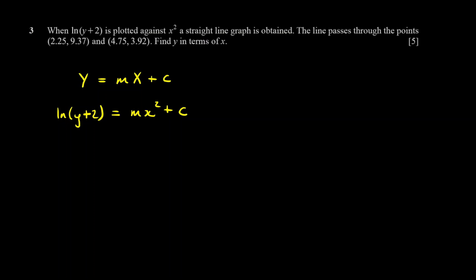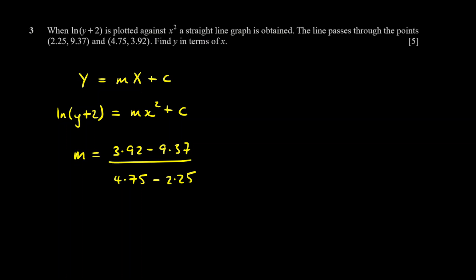Now then, the question is effectively, can we find these two constants? Can we find the gradient m? Can we find the y-intercept c? The way we're going to do that is we're just going to use our 2 points. So the gradient is y2 minus y1, so 3.92 minus 9.37, over x2 minus x1, so that's 4.75 minus 2.25.